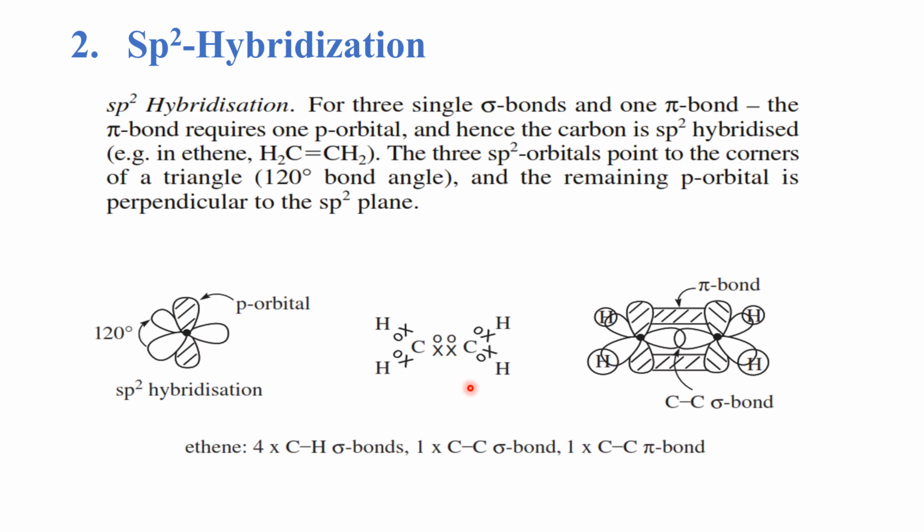Now the sp2 hybridization is when there are three single sigma bonds and one pi bond. So whenever there is a double bond, let me write it in a way that you can see here. So let's say this is C double bond C. Right now I'm not completing its valency. It is just to show you that this is a sigma bond, right?